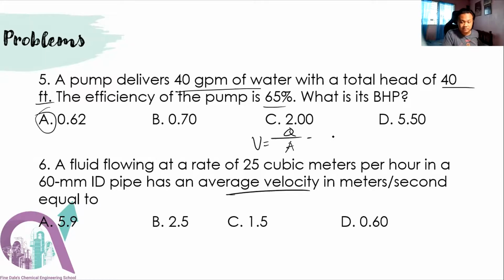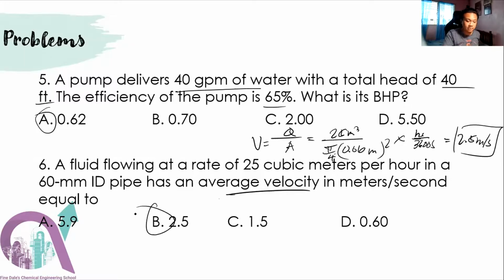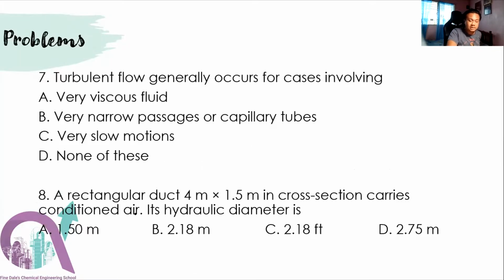So we have 25 cubic meters and then 60 millimeters diameter of pipe, and then convert hour to seconds. You will get 2.5 meters per second. Okay, so number 7.